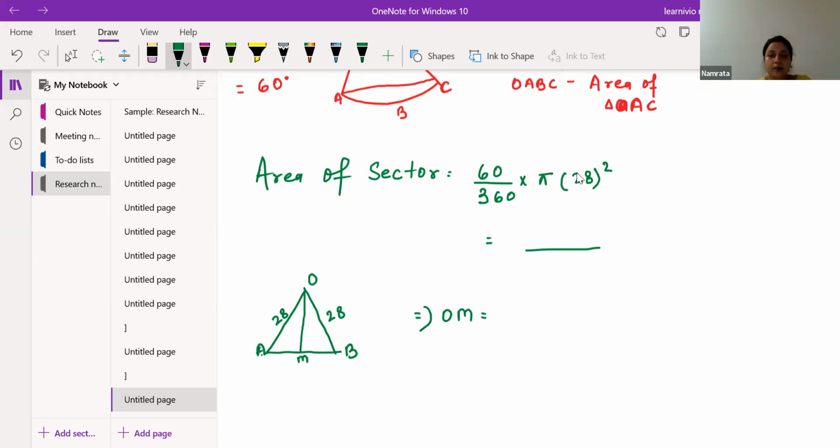Base also we have to find, AB. We will not be able to find AB directly, because for applying the trigonometric ratio, we need a right angle triangle.